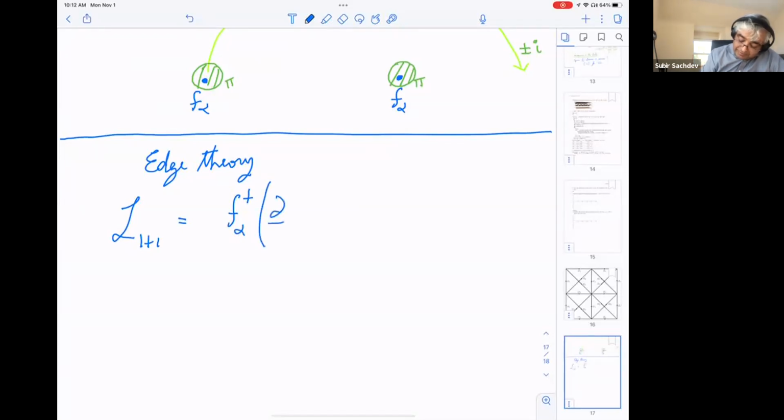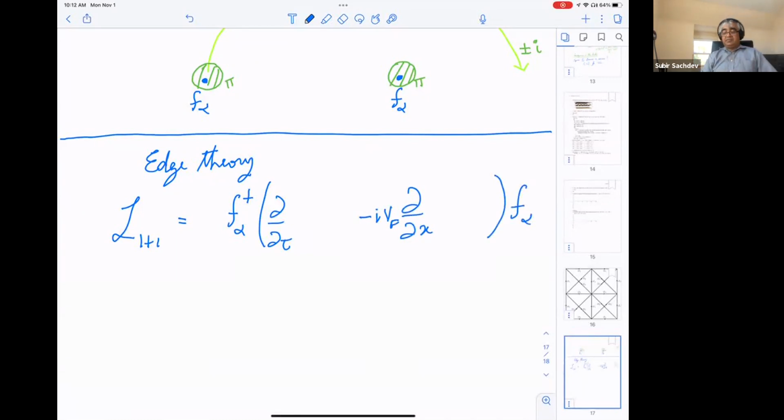And I'm going to leave a little space here, d by d tau minus i v_F d by dx times F alpha. So that's free fermions moving on the right edge. I'm just looking at the right edge of the sample. But of course, I have a gauge field here. And as I've said earlier, the gauge field acts on the edge and also on the bulk. It has to act on everything for us to have total gauge invariance.